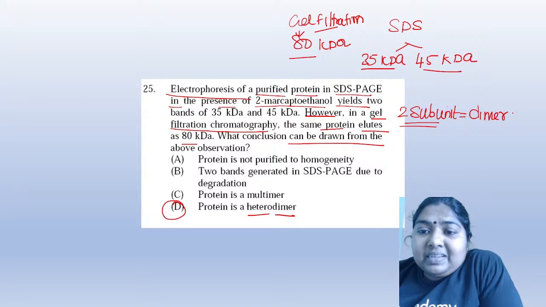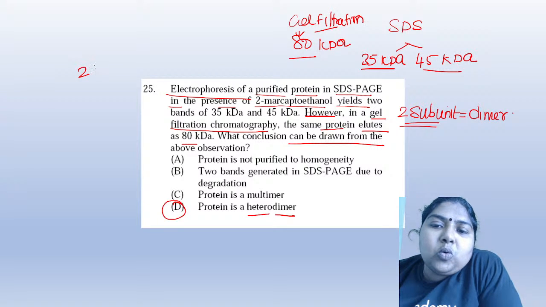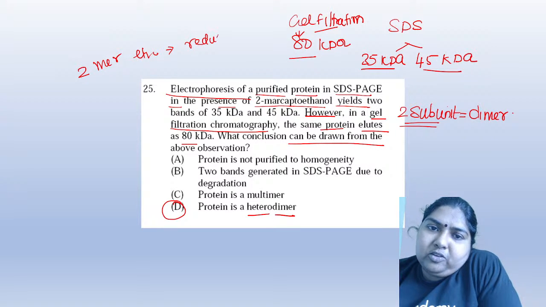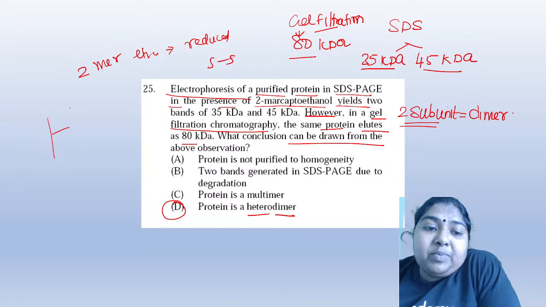When you perform the SDS-PAGE in the presence of 2-mercaptoethanol, what will this mercaptoethanol do? It is going to reduce, which means it is going to cut off all your bridges, isn't it? So actually it could have been a dimer.